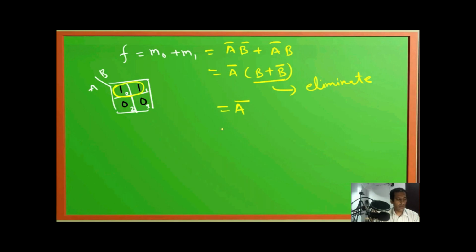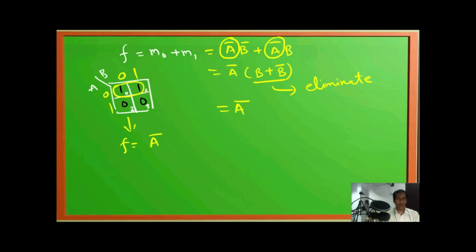So here we get only A bar. So this function is representing A bar. Only A bar will be existing. This is 0 1, this is 0 1.